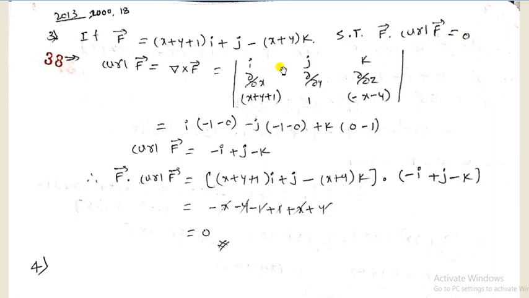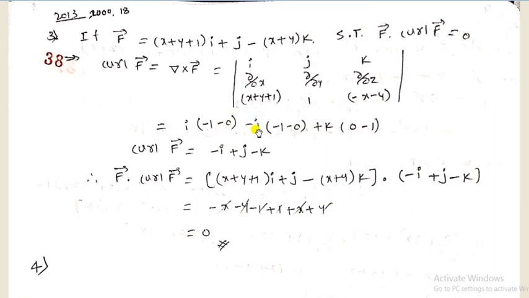So use determinant of i, j, k, dou by dou x, dou by dou y, dou by dou z, and use vector f as x plus y plus 1, coefficient of j is 1, and minus x minus y, that is k. For i, dou by dou y of minus x minus y is minus 1, dou by dou z of 1 is 0.